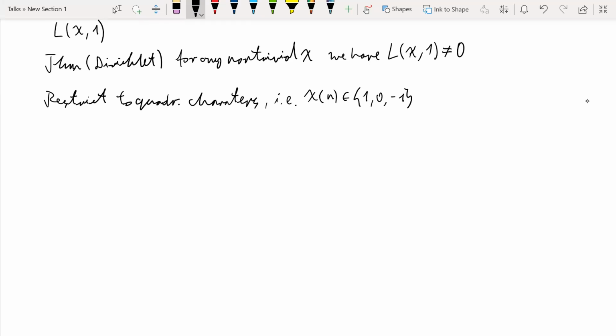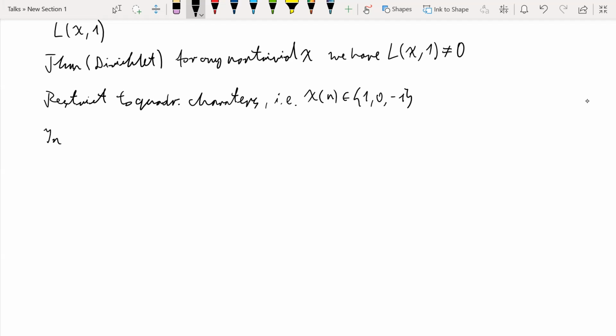Okay. And in this case, most of those characters are essentially going to be determined by the quadratic reciprocity symbols or Legendre symbols.